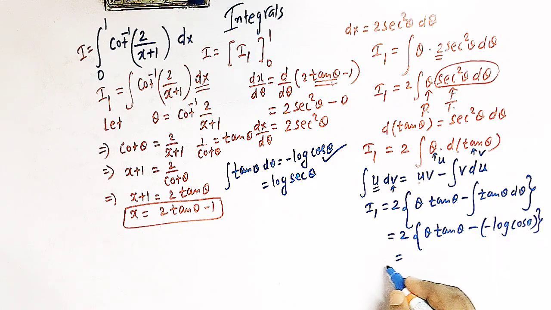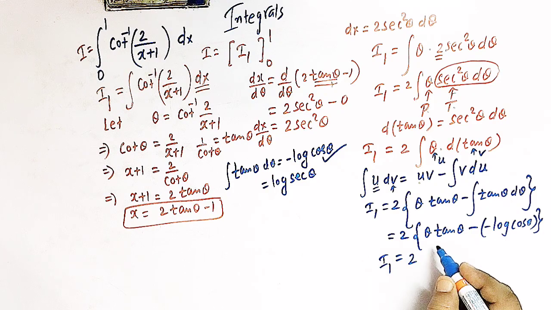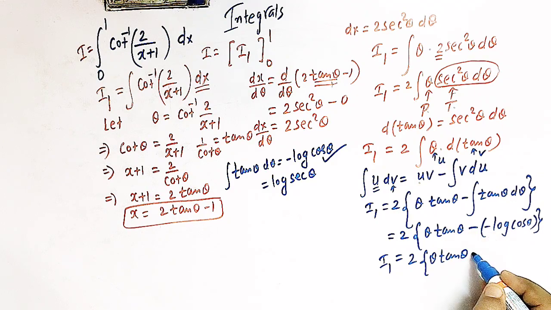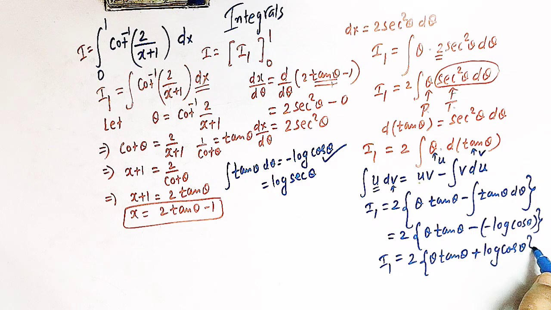So now I1 is given by 2 times theta tan theta, and then minus times minus is plus, so we have log of cos theta, and obviously the constant of integration c.